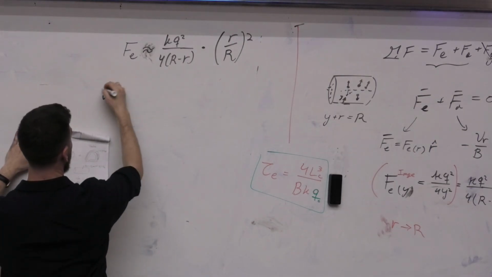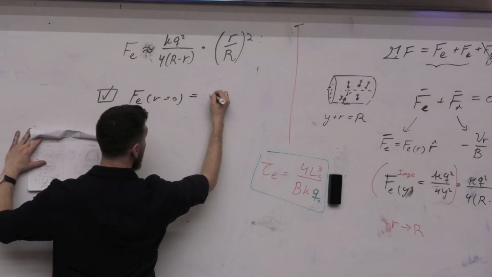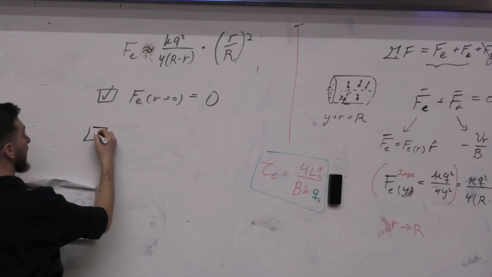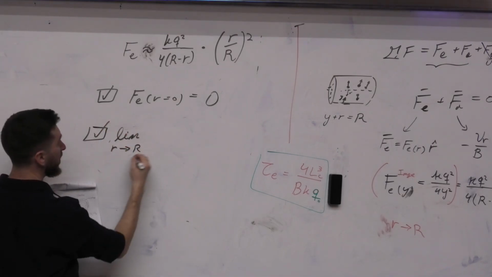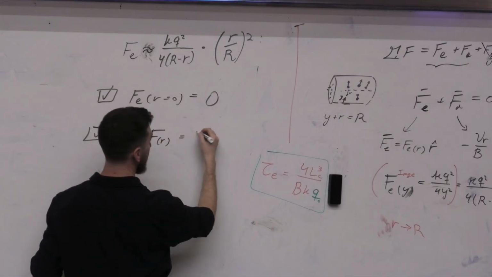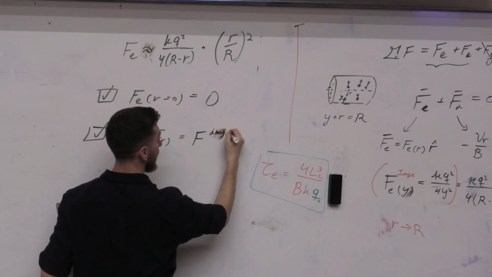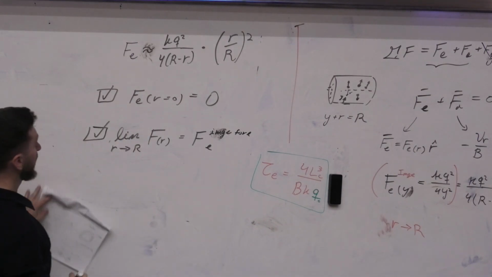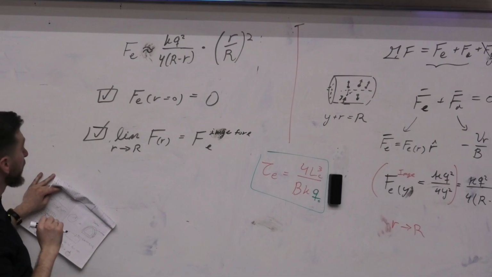And this is good for two reasons. F at R equals 0 is equal to 0, right? So this is good. The second thing is if we take the limit of R going to R of F(R), we get the image charge force, right? So these two conditions, and it's always increasing. It's getting stronger and stronger as you get to the tissue.